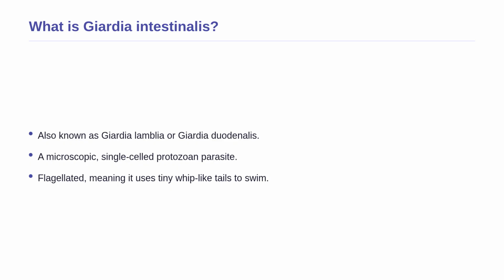Now that we know the severe symptoms it causes, let us look closely at the organism itself. Formally, this parasite is called Giardia intestinalis, though in medical literature, you might also hear it referred to as Giardia lamblia or Giardia duodenalis.